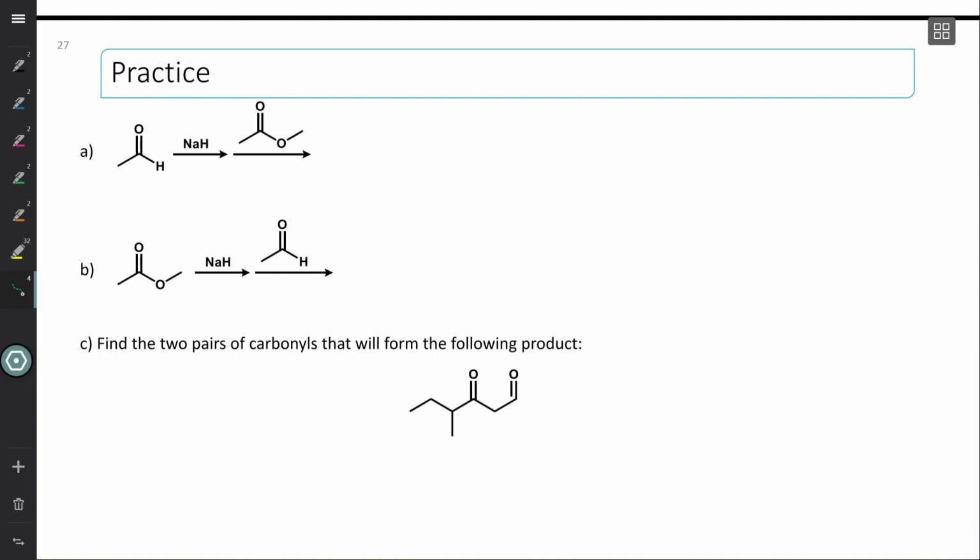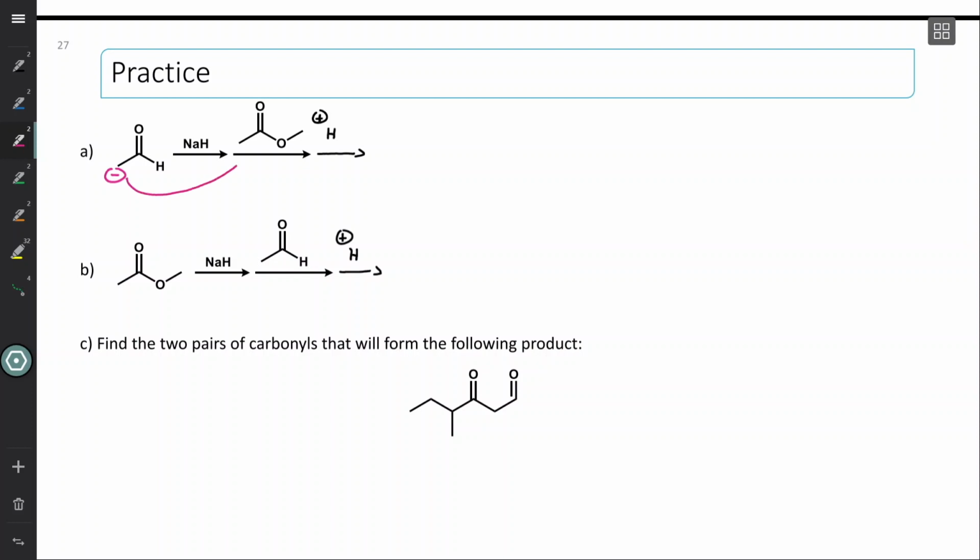All right, so here's some practice. First one, we have the aldehyde is going to be our nucleophile. So the way this is drawn, we start with aldehyde, then we add base first, and then we add ester. And I'm actually just going to add a quenching step here. It's not drawn in, but then we want to quench. So I'm going to make this nucleophile.